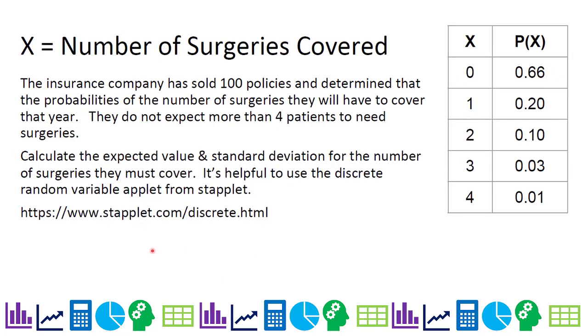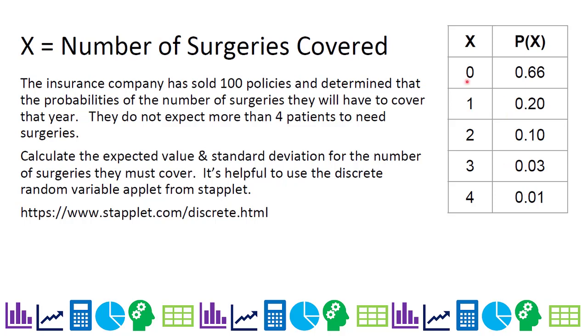Now, the insurance company has sold 100 policies and determined the probabilities of the number of expected surgeries they will have to cover that year. I'm still in the same problem. Now, how do we calculate expected value and standard deviation for the number of surgeries they must cover? Well, expected value, I would still do the 0 times 0.66, the 1 times 0.20, the 2 times 0.10, the 3 times 0.03, and the 4 times 0.01.